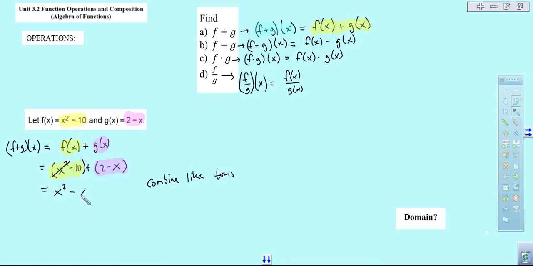No. So cross them off. I've got a negative 10 and a positive 2. I pull out my calculator. Negative 10 plus positive 2 is negative 8. So f plus g of x is equal to x squared minus x minus 8.